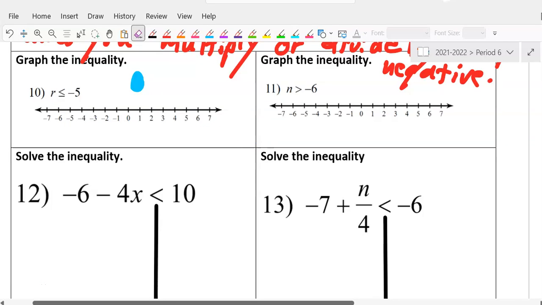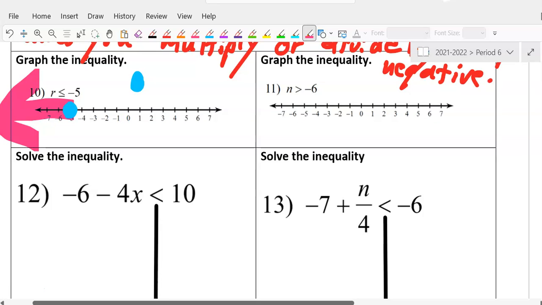Let me look on your paper. Yeah, you have it pointing to the left. It's perfect on your paper. You were just saying the wrong word. Okay, so we're going to put a circle on -5, closed in, and it's going to the left. I knew you had it right on your paper. Okay, cool. Next one.